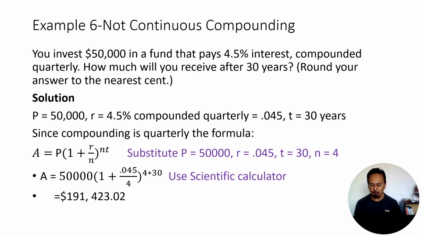So we're going to substitute N equals 4 here. So this becomes A equals $50,000 times parentheses 1 plus 0.045 over 4, to the power 4 times 30. Now you can use the scientific calculator and you should get $191,423.02.